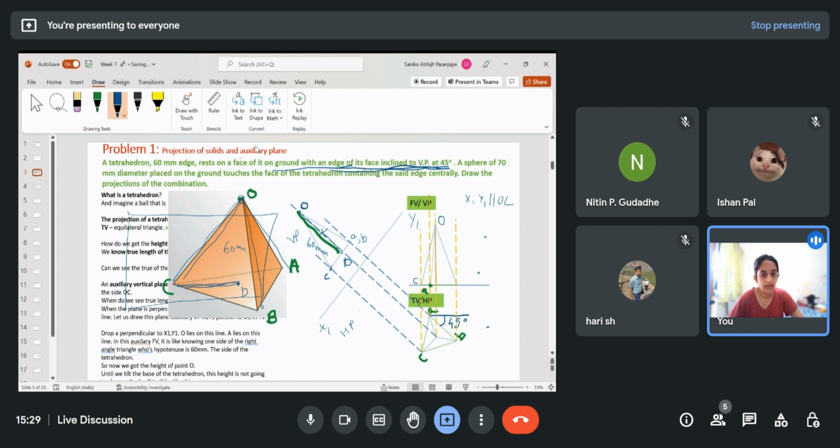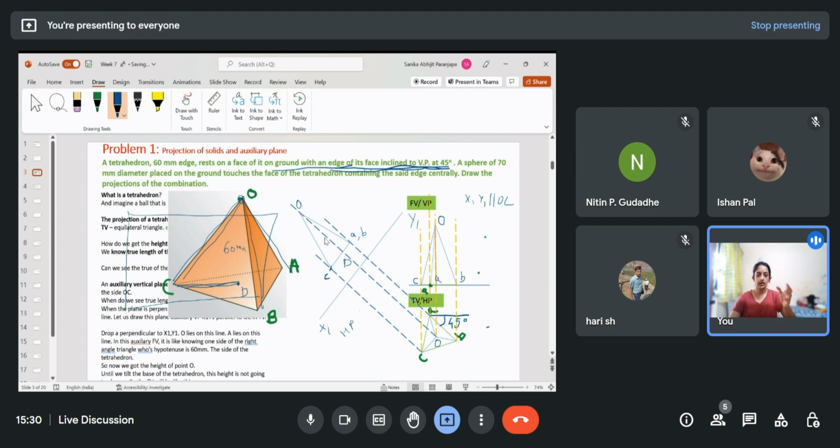This line is projection of point A, so this is OA. This is point O, and this is projection of B. So this is B, and this was A. So now we have the projection of the tetrahedron. Now let us move on to the next part of the problem. I'll just rename these O, A and B.